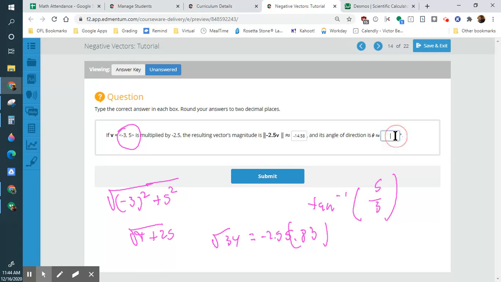And for this one, let me just do it how they might want us to do it. They're going to want it to be 5 times negative 2.5.